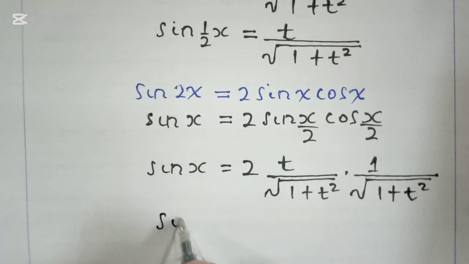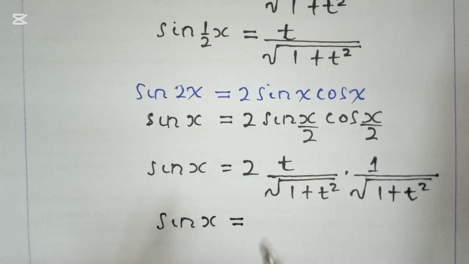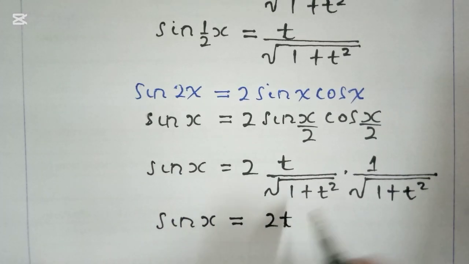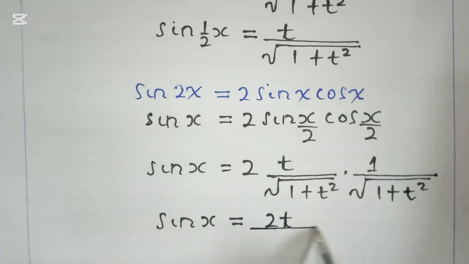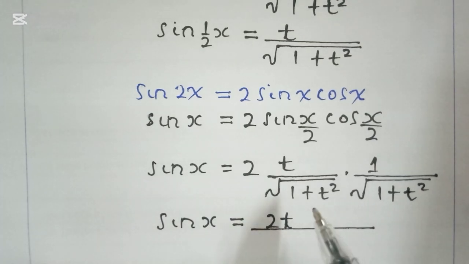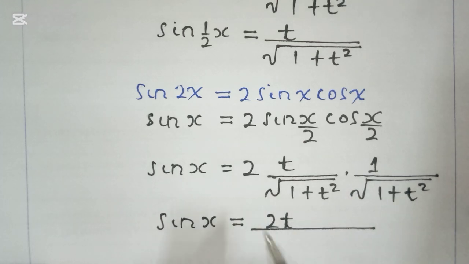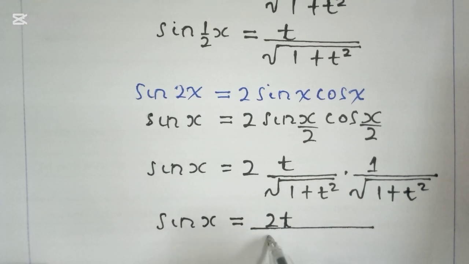We shall have sin x equals 2t all over, now you multiply that and the square root sign will be removed, and so we have 1 plus t squared.